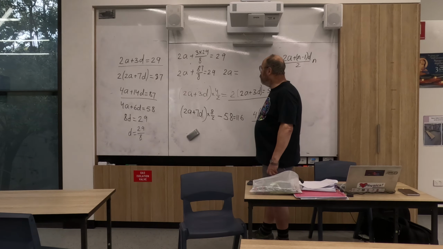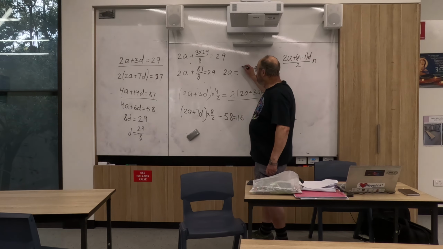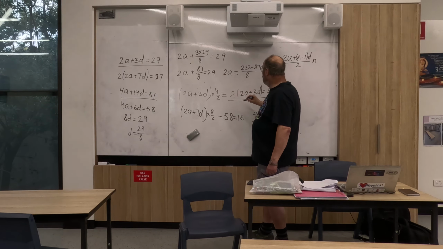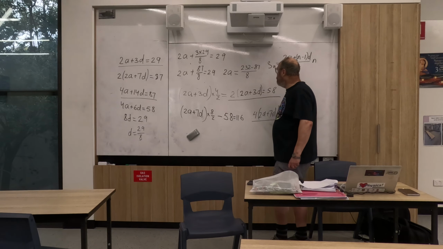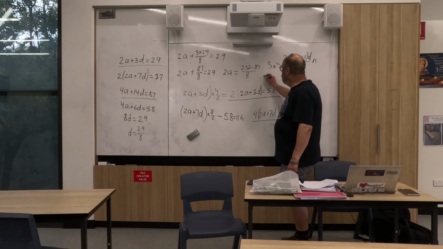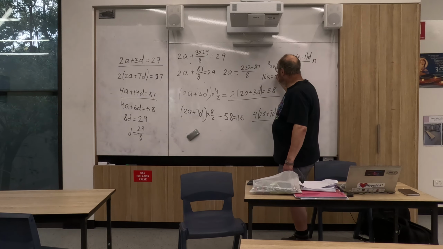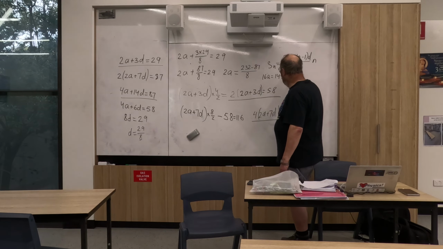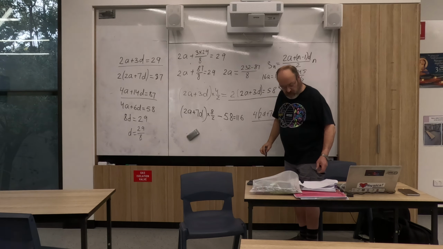29 times 8 is 160 and 72, 232, so it equals 232 minus 87 over 8. So 232 minus 87 is 145. So we have 16a equals 145, a equals 145 over 16.